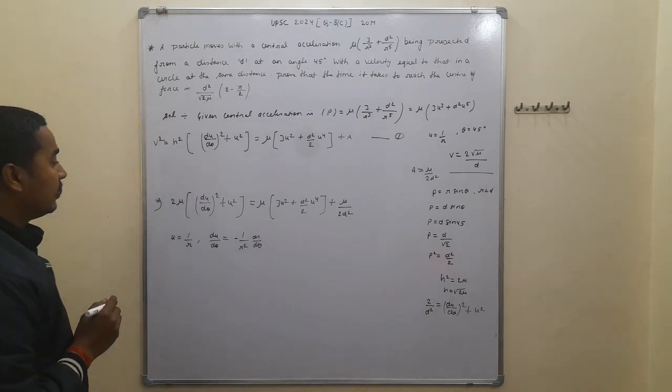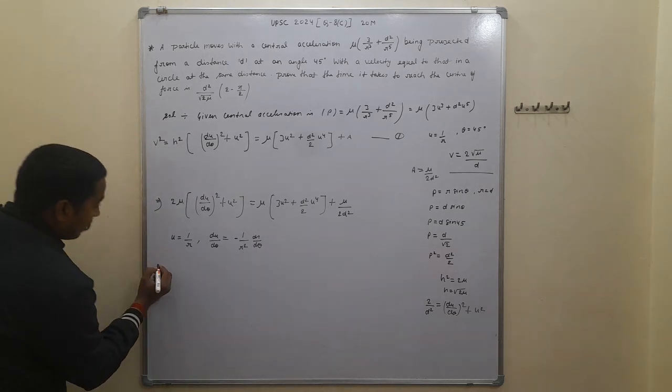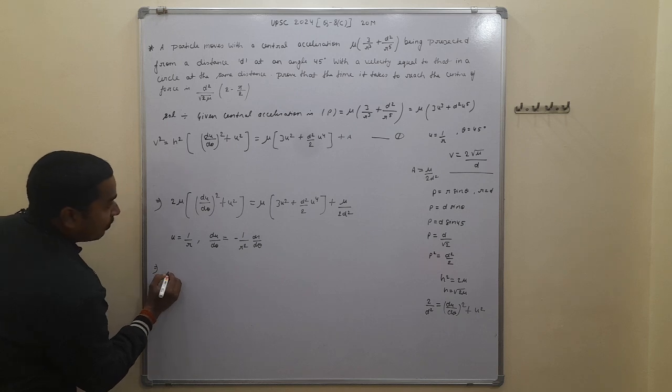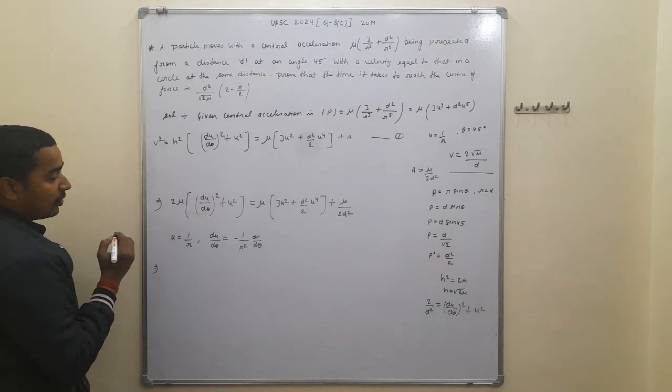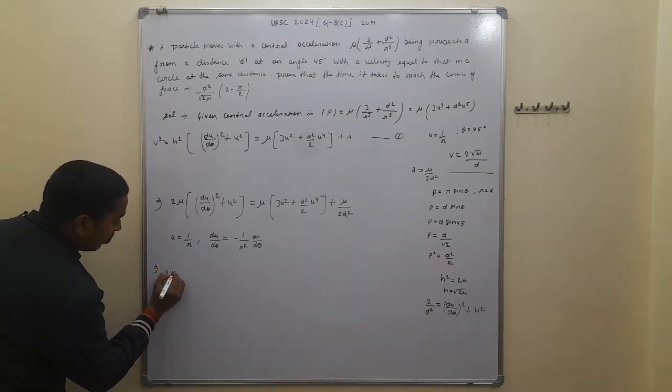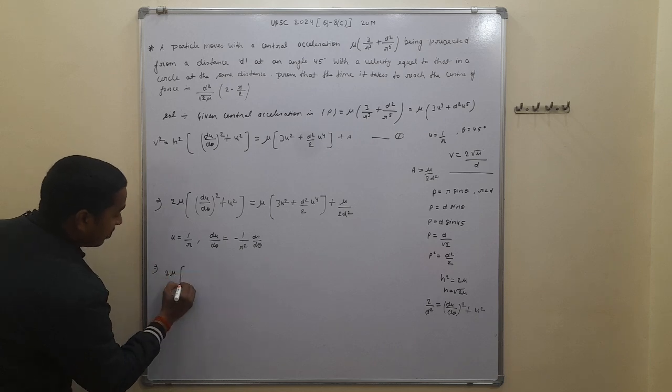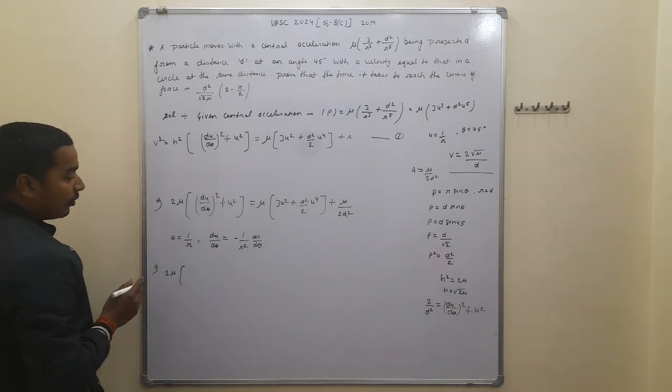We have to put in the above equation 2 mu, and once again 2 mu into du upon d theta whole square.